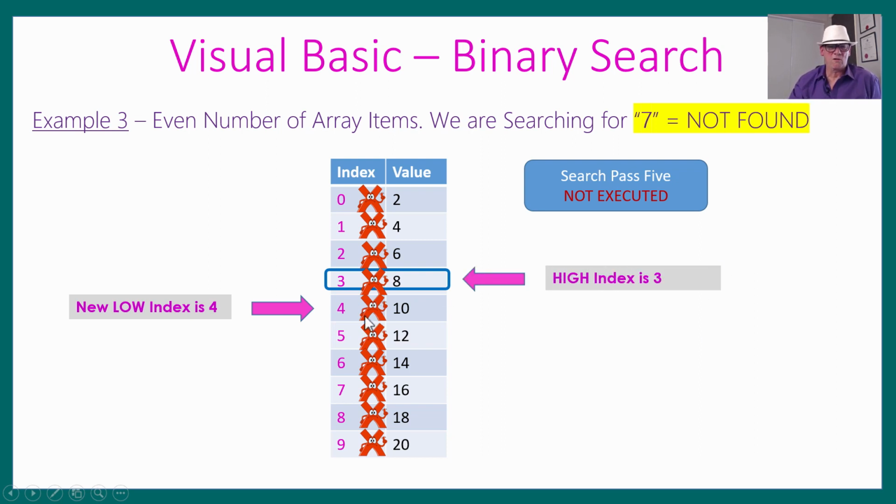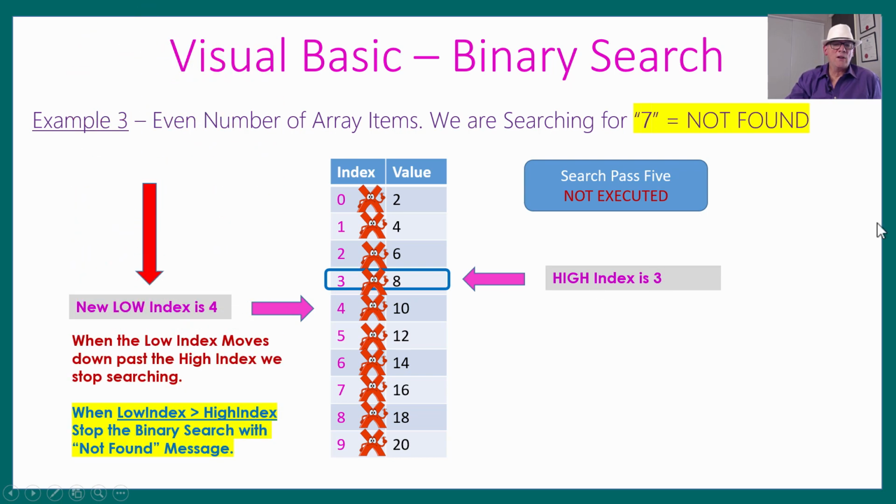It can't remember that it's already crossed off all these ones here. So it'll just keep processing in its pattern, and it'll go up to number 4. The high index is at 3, and once your low index becomes bigger than your high index, that's when you know it's time to stop searching, because you've got a not found situation. So that's really key. That's going to help us end the loop in the pseudocode.